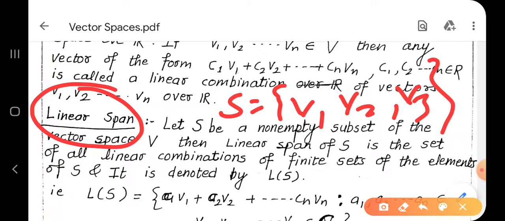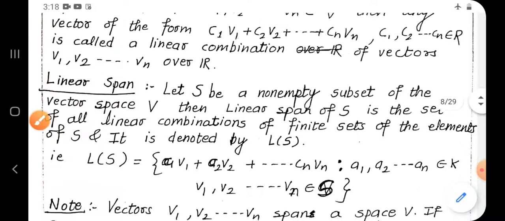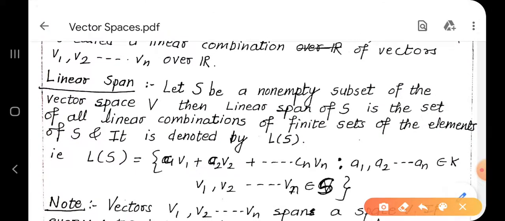Then the linear span of S is the linear combination of finite sets of elements of S, with elements of V and scalar field R, that is we take c1, c2 or a1, a2, you may take any.